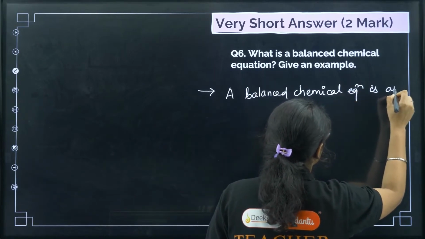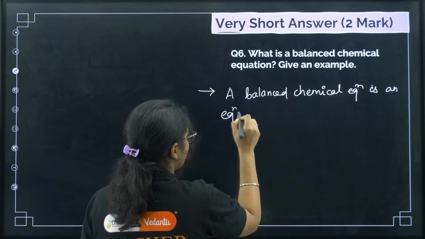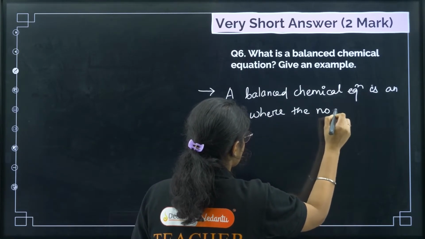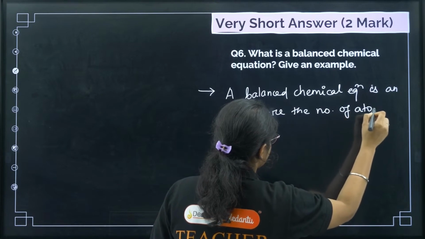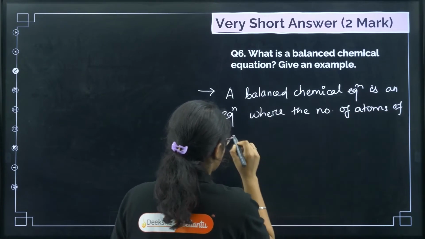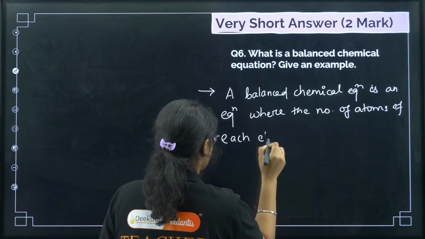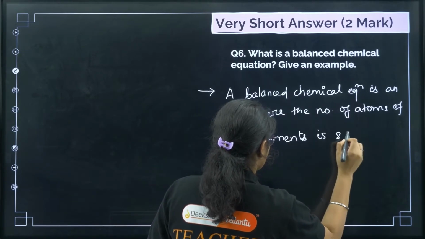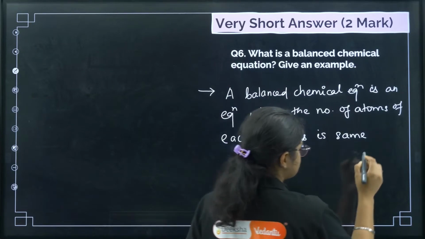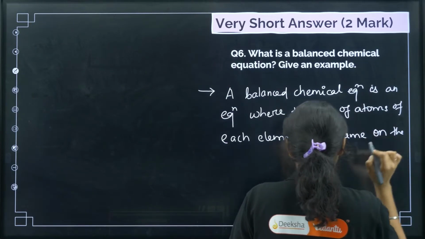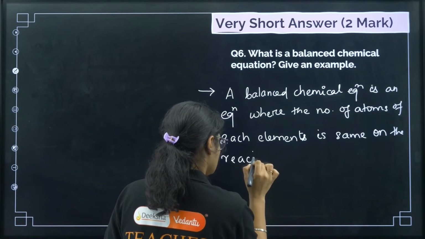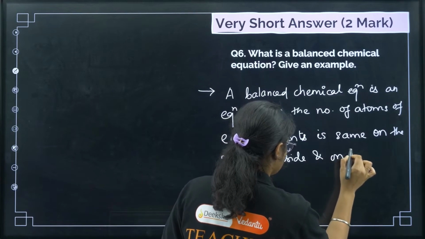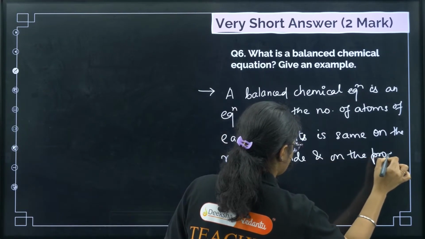is an equation where the number of atoms of each element is the same on the reactant side and on the product side.